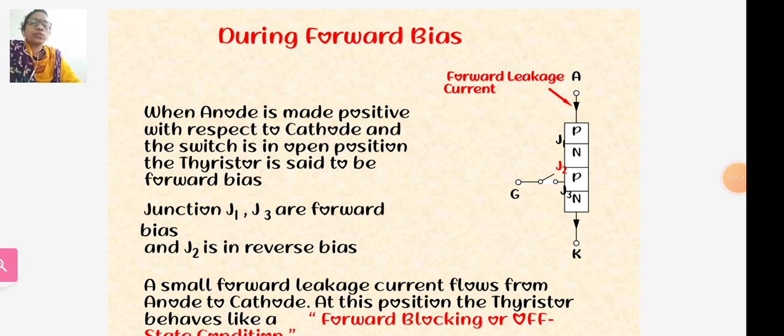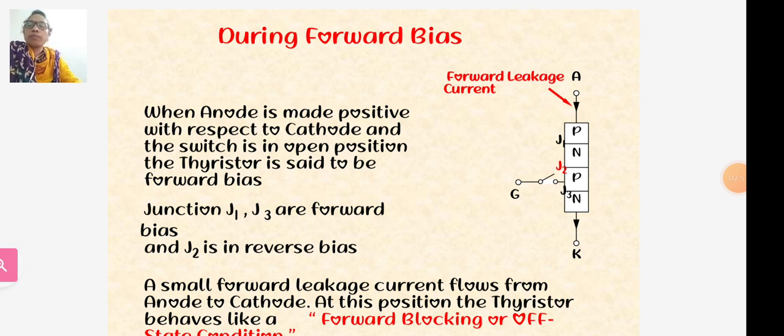when the switch is opened, the junction J1 and J3 are forward biased, the junction J2 is reverse biased, and only a small leakage current of the order of a few milliamperes will flow from anode to cathode. At this position, the thyristor will behave like forward blocking or off state condition.